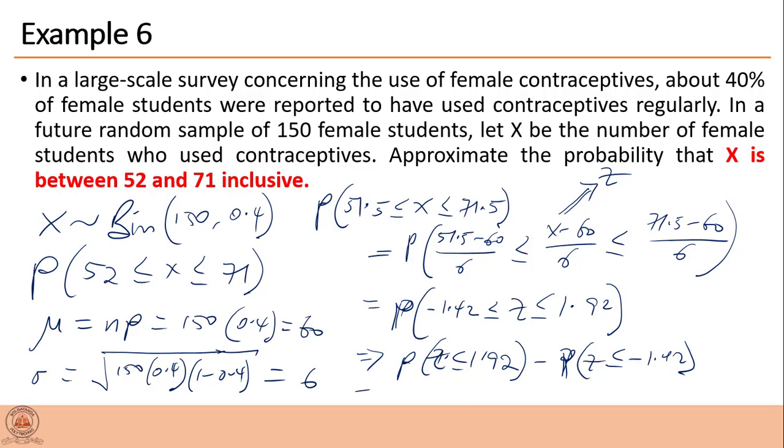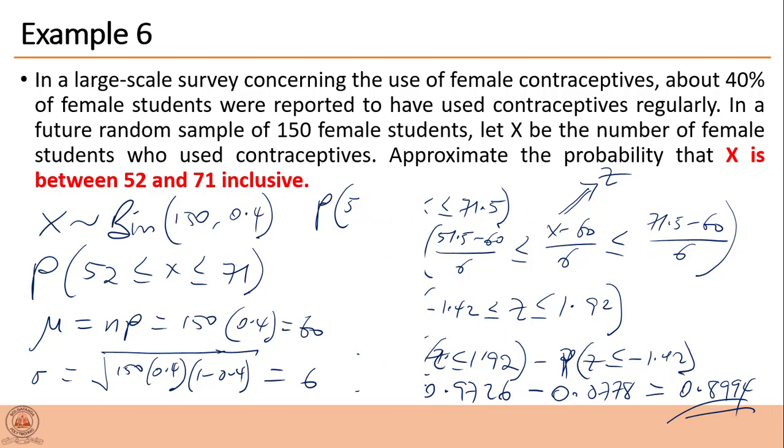So the probability value for Z less than or equal to 1.92 is 0.9726, and for negative 1.42 it is 0.0778. Do the subtraction, we are left with 0.8994. So this is the probability that x is between 52 and 71 inclusive.